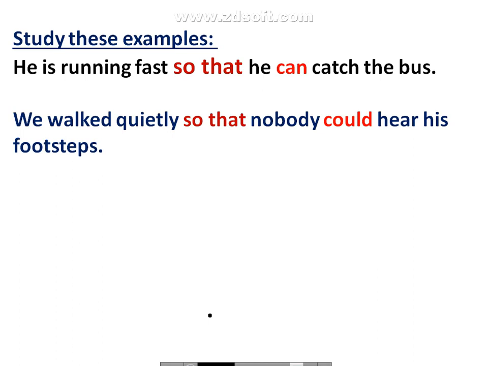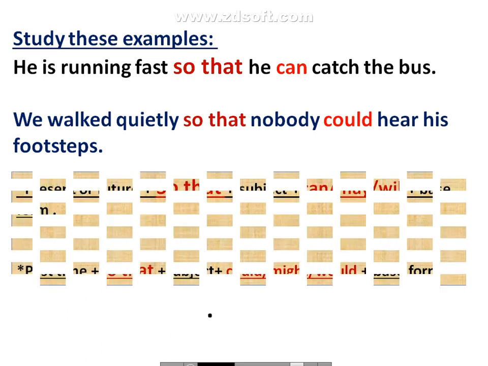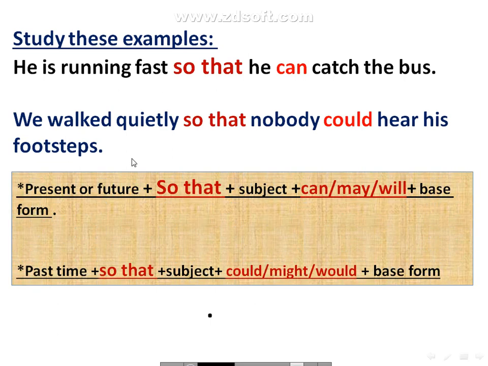Look at these examples. He is running fast so that he can catch the bus. We walked quickly so that nobody could hear his footsteps. Here, to express purpose, we use so that. So that is followed with the subject, and can, may, will, plus the base form of the verb.